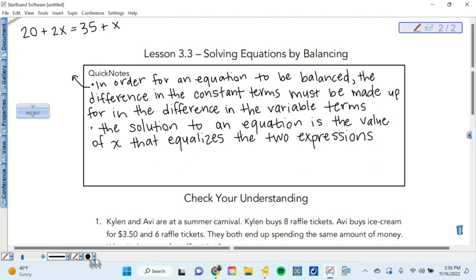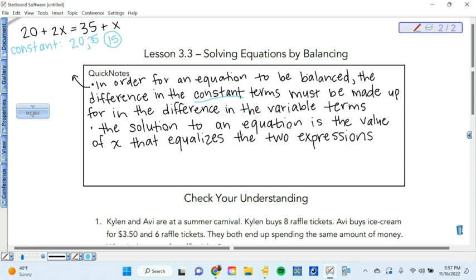What are my constant terms in this equation? In this equation up here. 20 and 35, my constants. What's the difference between those two numbers, 20 and 35? 15.